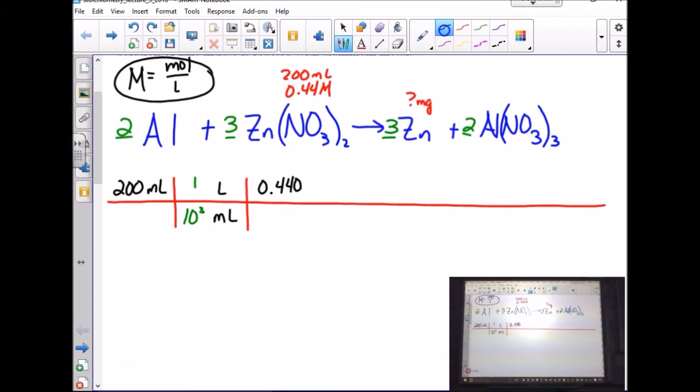You never ever put a big M in the work. To get rid of the volume, molarity is moles divided by liters. The only time we ever write big M is like if I'm saying, okay, I've got 0.44 molarity. Any other time in the math, never put it in there. It's always moles per liter.